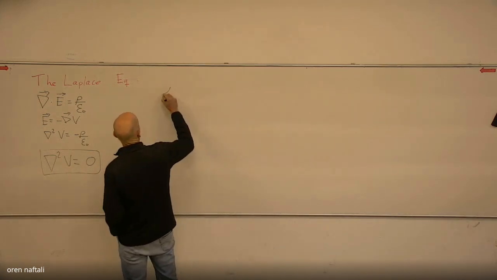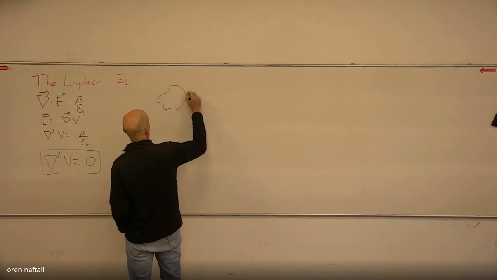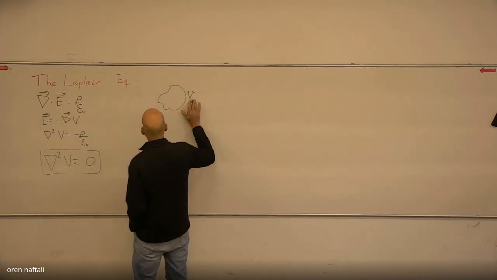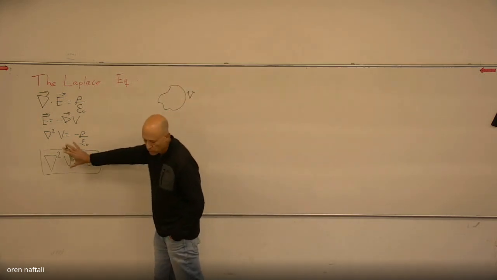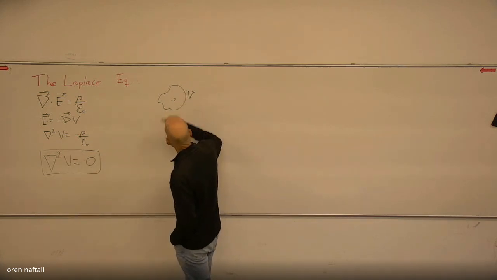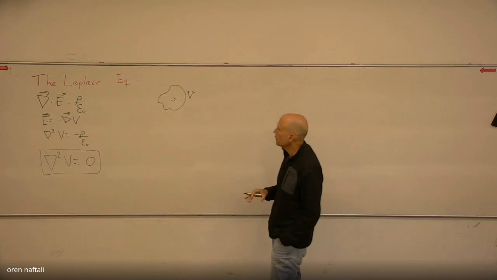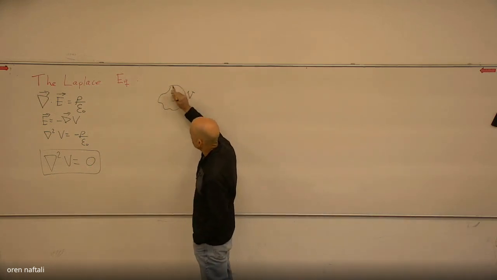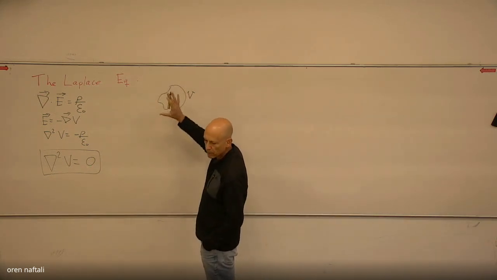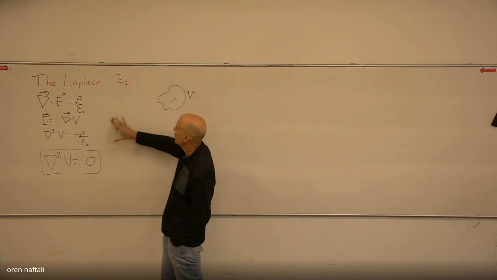So the general problem is, let's use a notation. We have V, big V, which is the voltage, and we have a volume. I'll call it small v or nu, whatever. And inside here, let's say we have some charges. They are fixed, otherwise we don't have electrostatics.